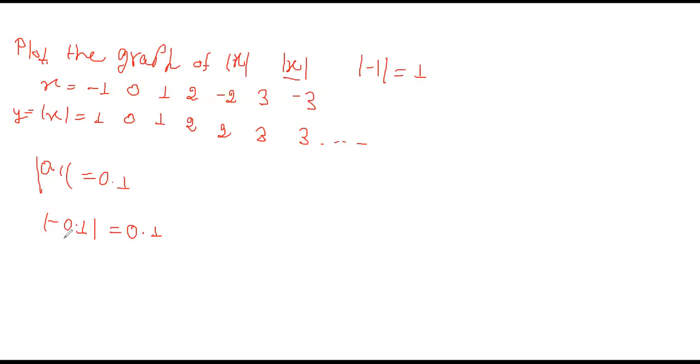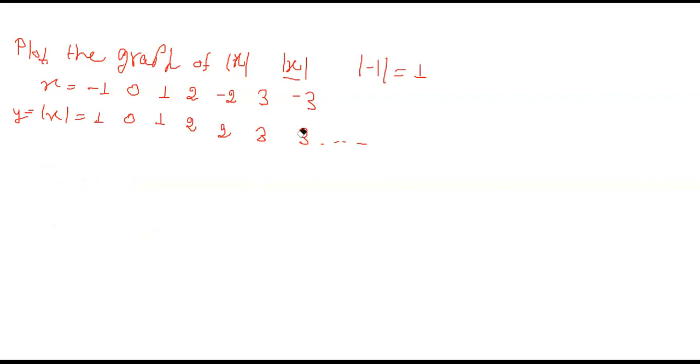Square root is a different thing. This means x squared will be equal to mod x. And square root of x, where x is greater than or equal to 0, will be discussed later. First, I start mod x. After that, I will start square root of x, different things.